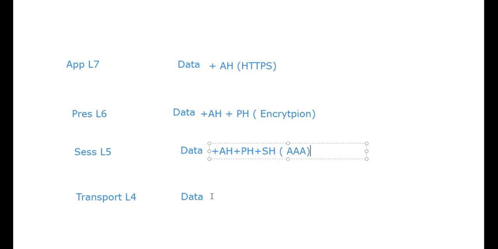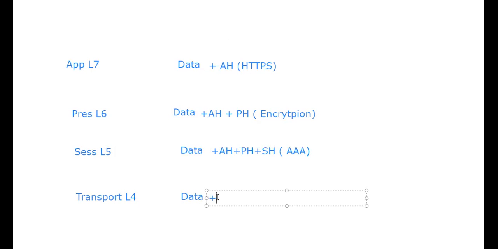Then I'm going to add the transport layer. I'm receiving the session layer information into the transport layer. So what will happen? Can someone say what's going to happen? Please, somebody has to say something. In the transport layer, what will happen?